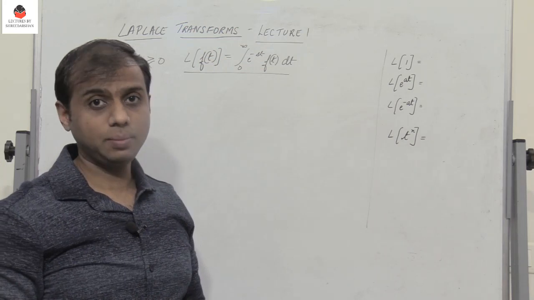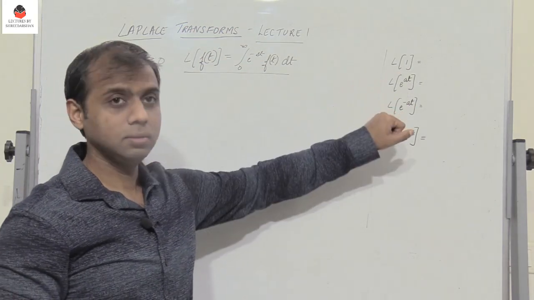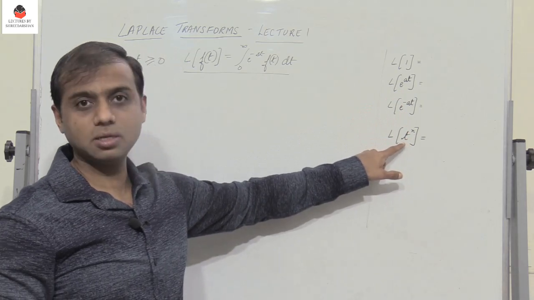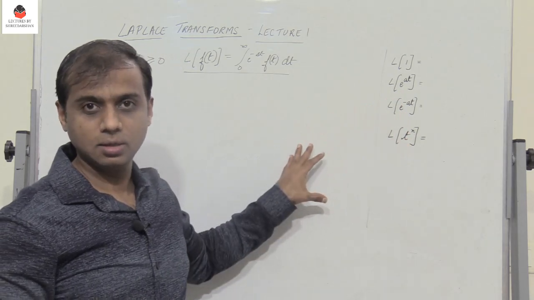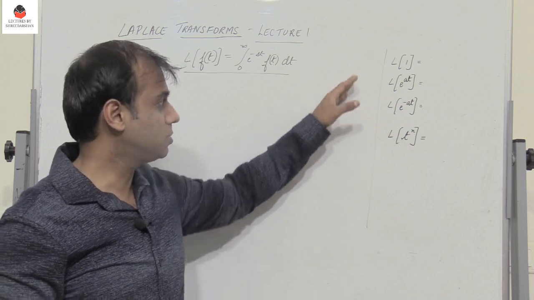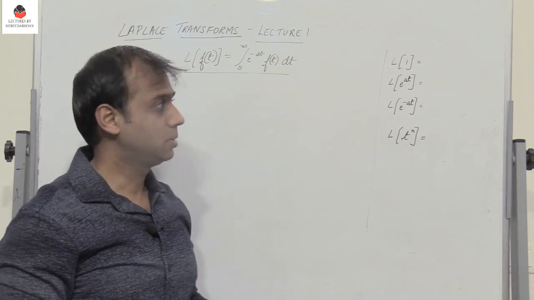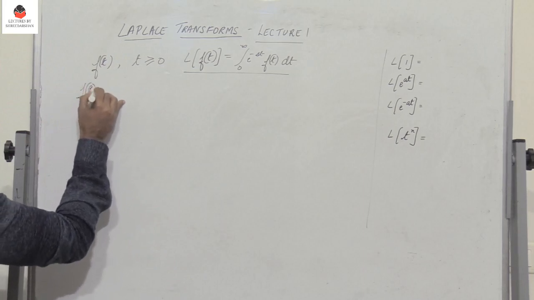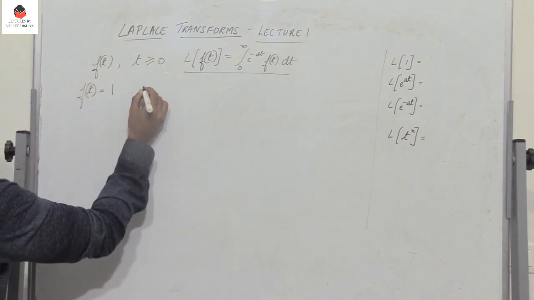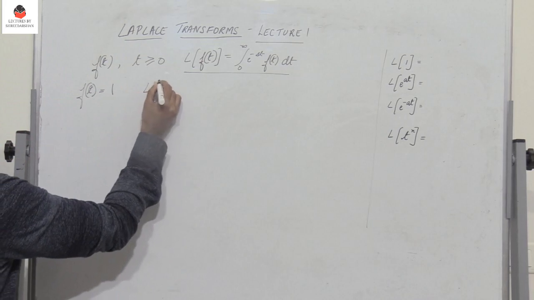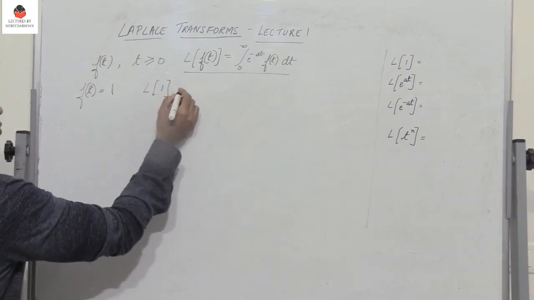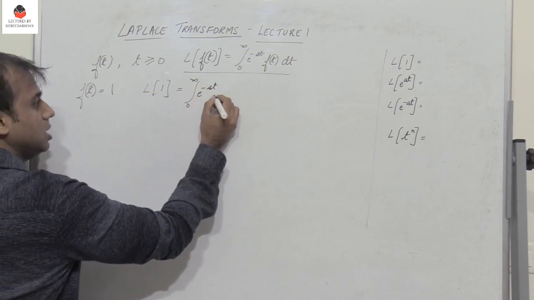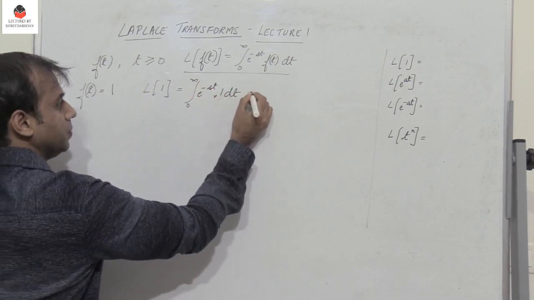Now let us find the Laplace transform of 1, e power at, e power minus at, and Laplace transform of t power n in this lecture, and solve a few problems related to these formulas. Now what is Laplace transform of 1? That means f of t equals 1. So Laplace transform of 1, so we call it as L of 1 equals integral 0 to infinity e power minus st into 1 dt.